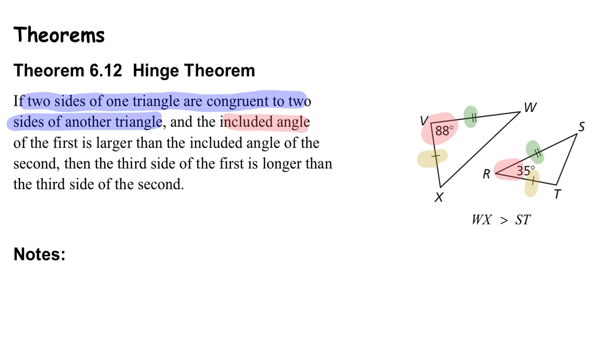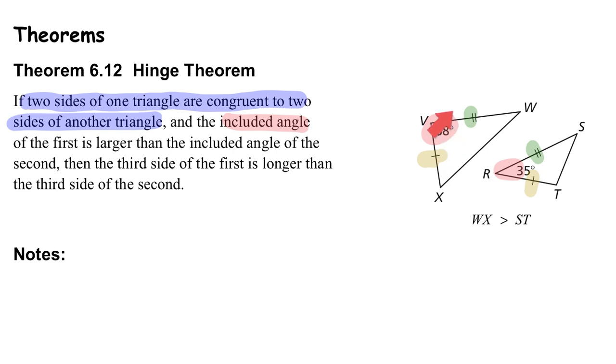So how does this work? What does it mean? If we have two sides that are congruent and we look at the angle between those two, the one with the larger angle, the side opposite that larger angle is going to be a longer or larger side.